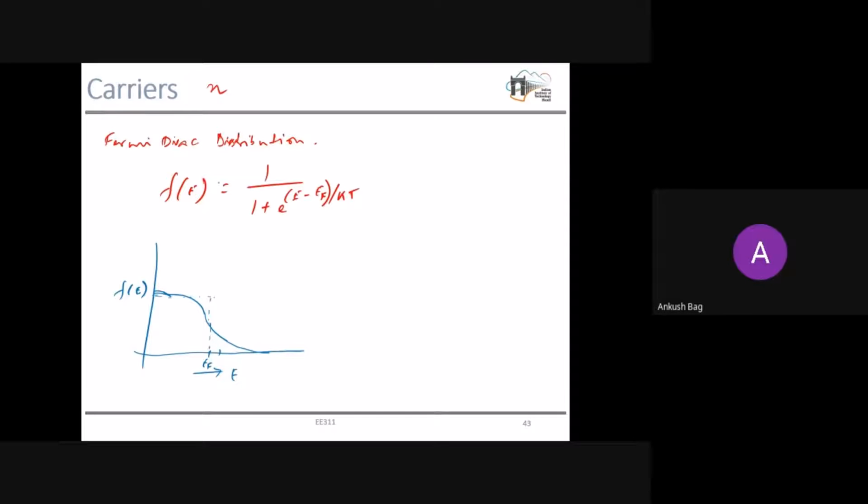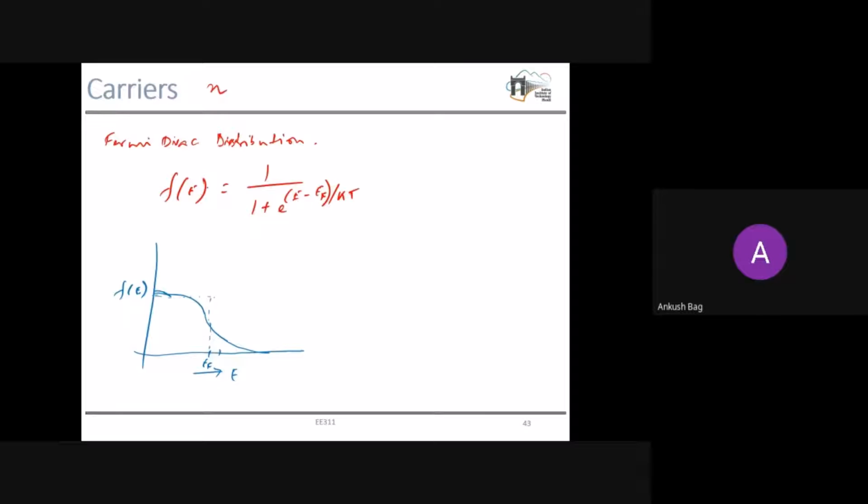Just before explaining this, a few associated things regarding Fermi-Dirac, because these electrons are fermions. Why are they fermions? Because electrons are indistinguishable in nature, they obey Pauli's exclusion principle, and they show wave-particle behavior. That is why Fermi-Dirac distribution is used to calculate fermions or electrons.